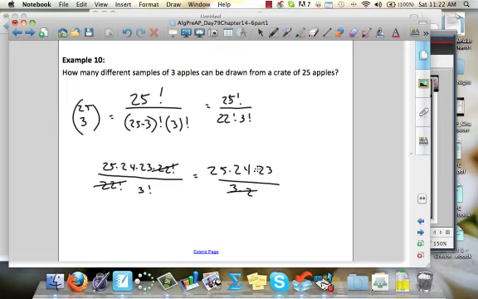And 3 times 2 and 24 simplify to 4, because 6 times 24 divided by 6 is 4. So that would be 2,300 samples, because 24 times 5 is 100 times 23 is 2,300.